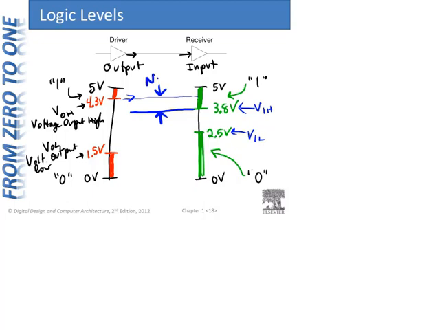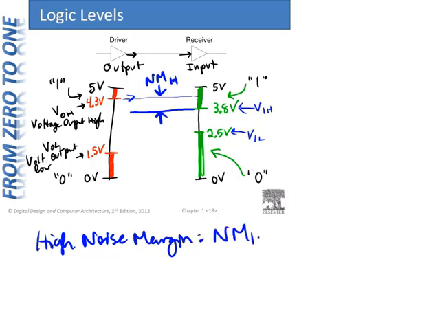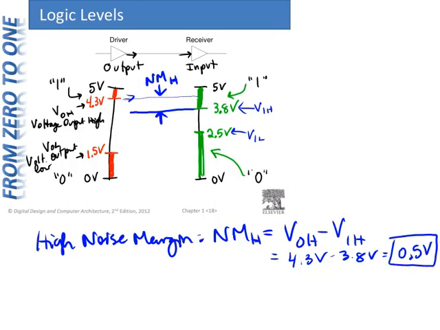This is called the noise margin, the high noise margin. The noise margin high, in equation form, is equal to voltage output high minus voltage input high. In this case, it's 4.3 volts minus 3.8 volts, which is equal to 0.5 volts. So we have 0.5 volts of noise margin, allowing for external noise in the system to degrade the signal.